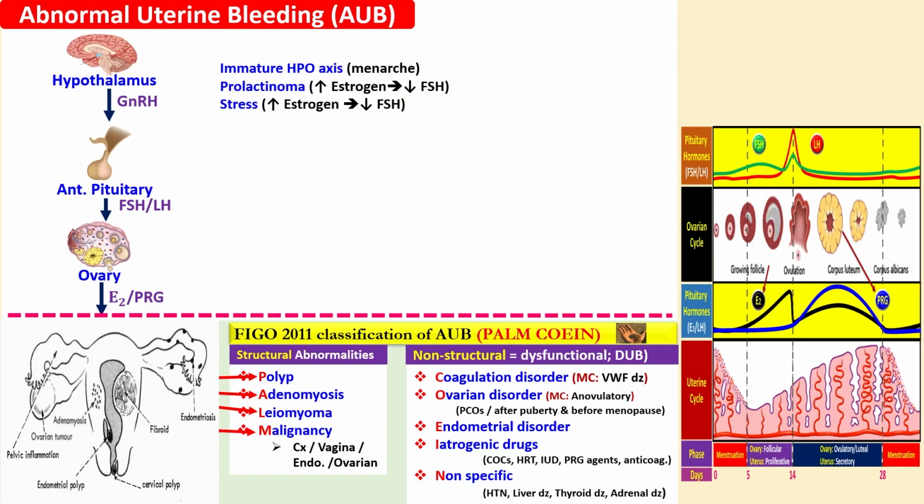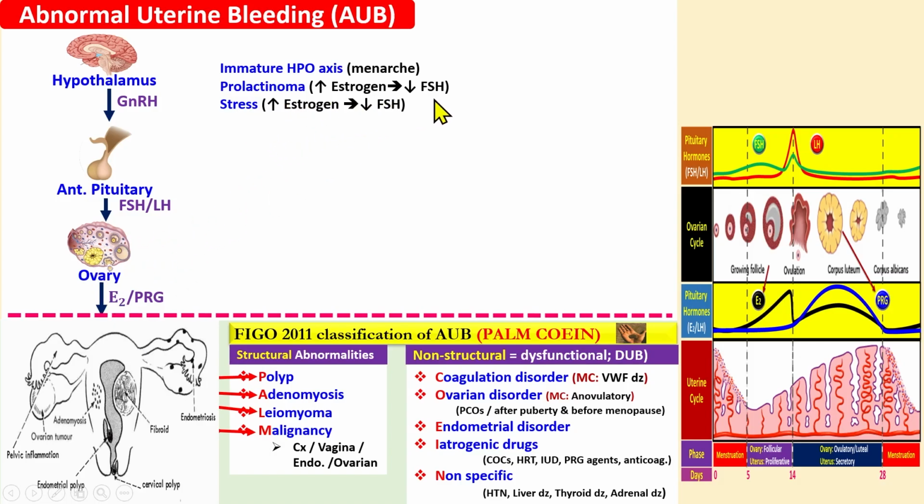Due to the immature HPO axis, she does not ovulate. The other cause is prolactinoma, a tumor of the anterior pituitary, which causes increased estrogen but a low level of FSH, so no ovulation.